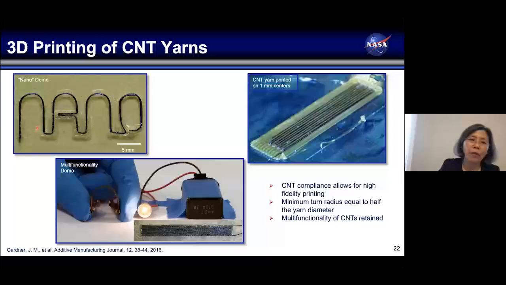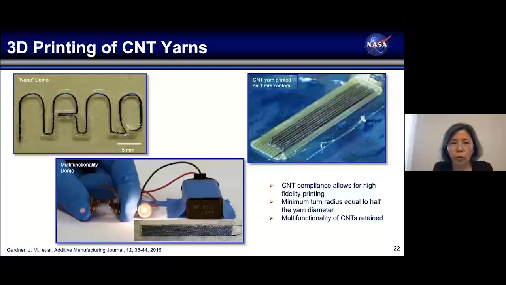This is an example of the advantage of the nanotube yarn over carbon fiber composite. Carbon fiber is a strong material, but the nanotube yarn you can have very tight radius on. And so we can make structures like this where we can lay down the material in very tight patterns, which is useful for something like sensors, for example.